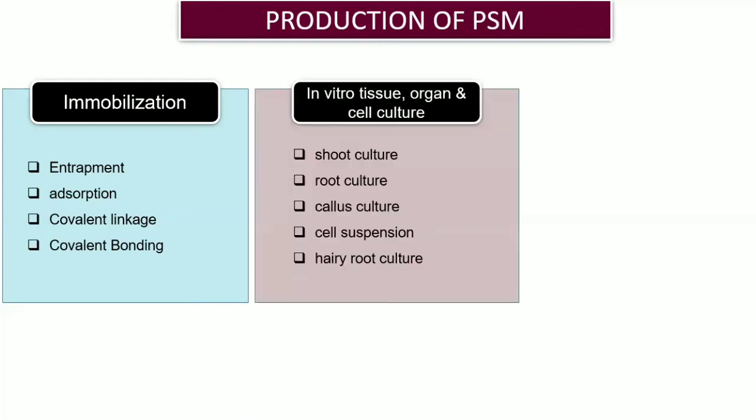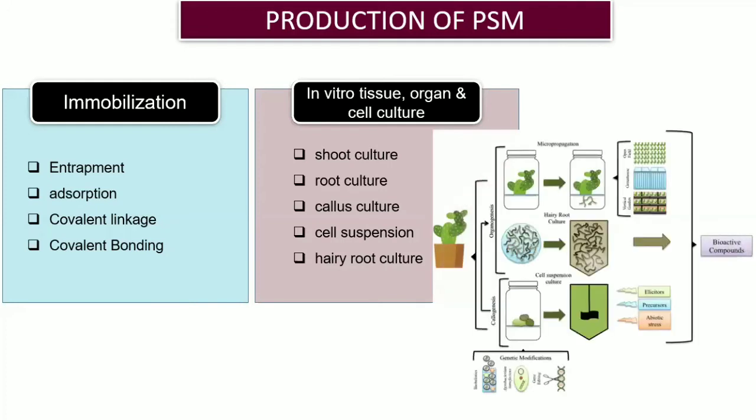Lastly is in vitro tissue, organ, and cell culture. It can be done through shoot culture, root culture, callus culture, cell suspension, and hairy root culture. Basically, this method involves a series of steps.